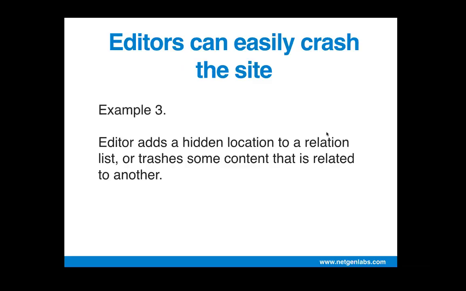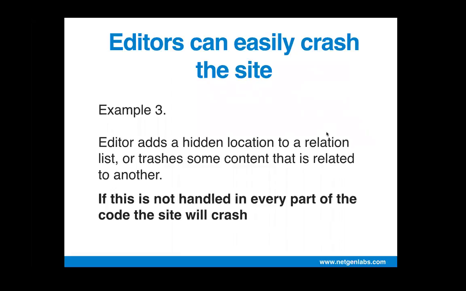So what you can have is an editor adding a hidden location by accident to a relation list, which is then used, or sending to trash some content that is related to another. This page, when it gets to this location, will crash the whole page. And this is a situation you want to avoid. So you need to handle it in every part of the code on the site if you want to prevent the crashing.